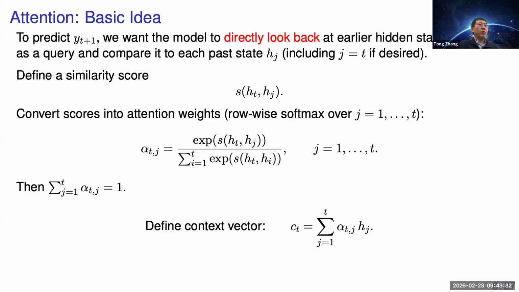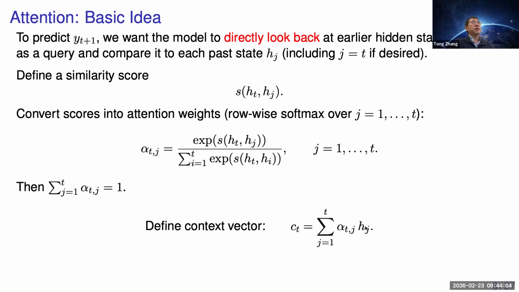Once time goes long, and j is far from t, h_t will not be a very good compression of some very early states, but h_j could be a good compression at that particular time. So when my current state is close to some earlier state, say h_j, the attention weight for it will be high, and then I will copy these particular weights.